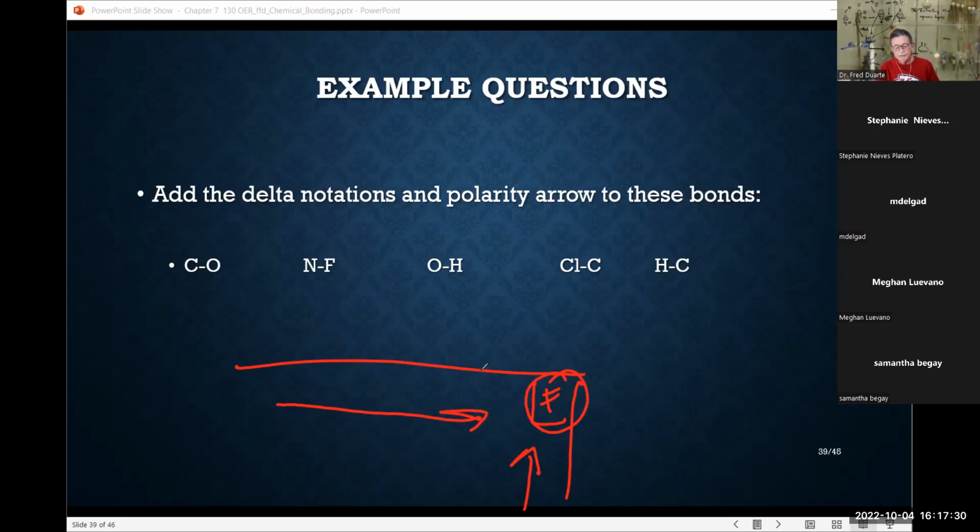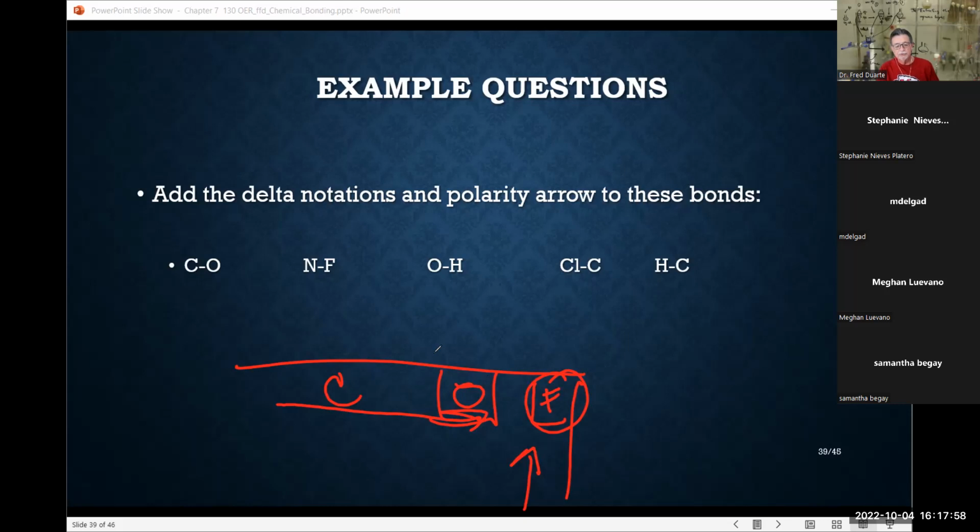And if we ever need to determine which direction a polar bond is going to, in other words, if I have a scenario like carbon oxygen here, and I need to determine who is more electronegative, I can find them on the periodic table relative to fluorine. Note that oxygen is right next to fluorine.